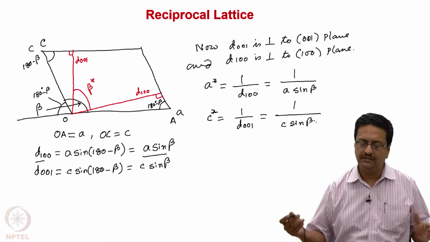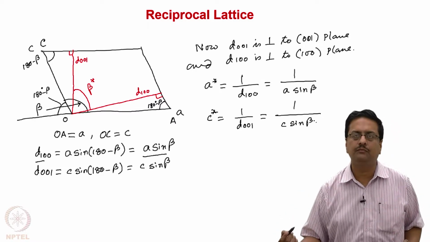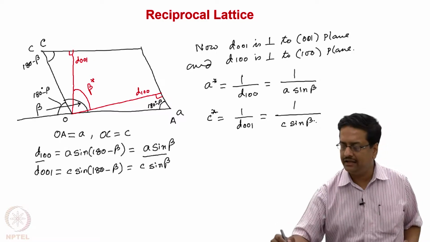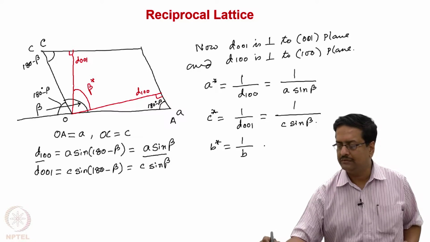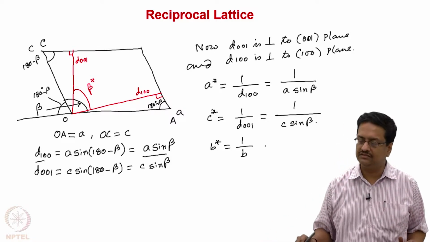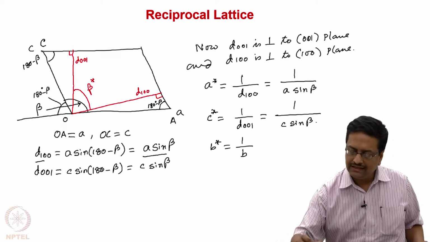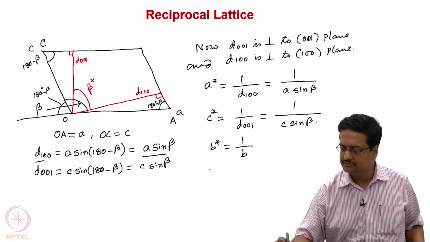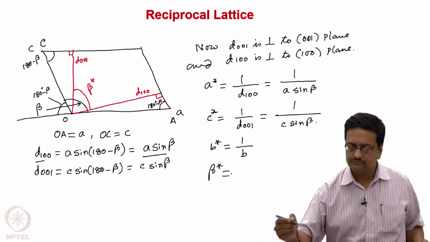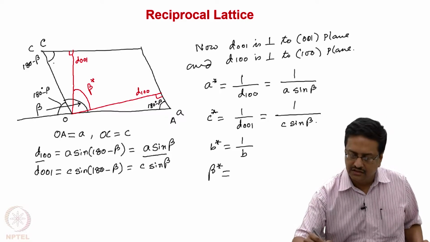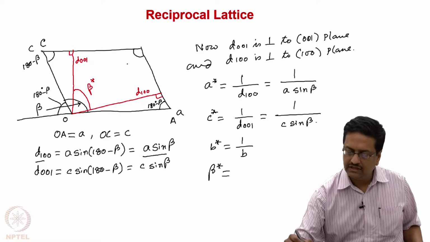And obviously, since the direction B is perpendicular to both C and A, B star is the same as 1 by B, as was seen in the orthorhombic system. So, the angle beta star: let us say that this is 180 minus beta, this angle is then beta.